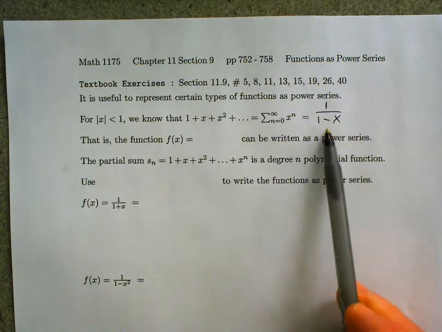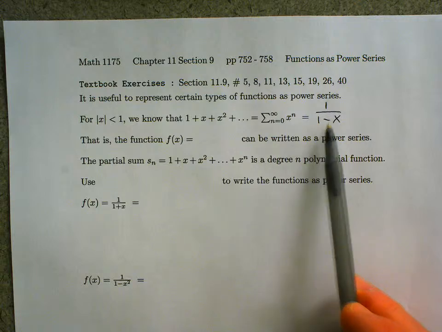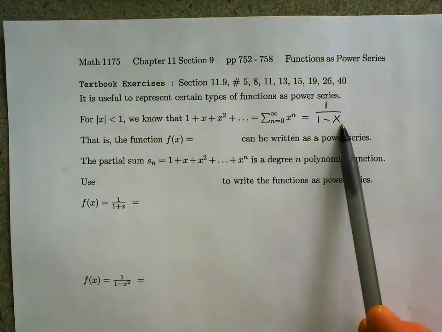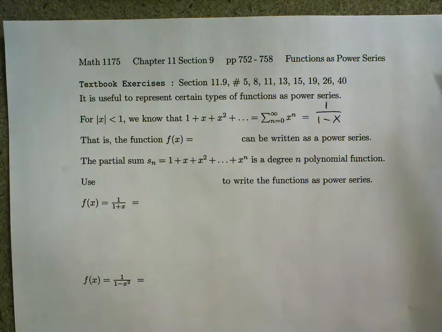All we have to do is apply the geometric series formula. The common ratio is x. The number a is 1, so this is like a divided by 1 minus the common ratio r.